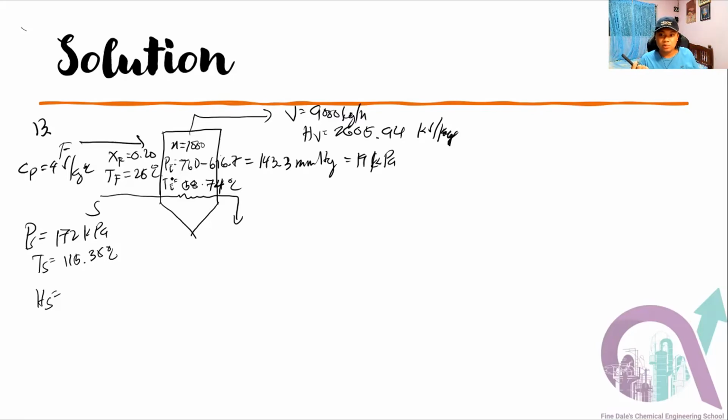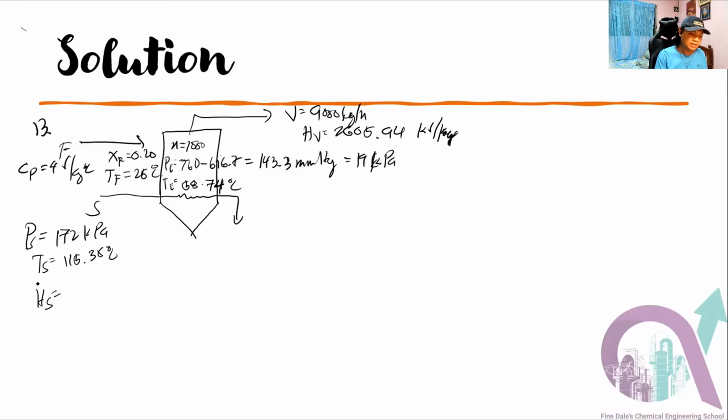So meaning you have to subtract that from the atmospheric pressure, which is 760 millimeters mercury. So you will have 143.3 millimeters mercury, and then convert that to kPa. You have 19 kPa, and then you can find the value of your enthalpy at that temperature, which is 2605.94.